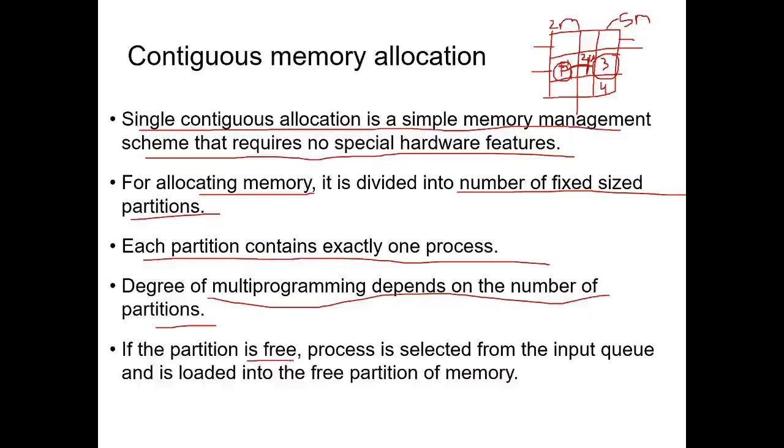If a partition is free, a process is selected from the input queue and is loaded into the free partition of memory. If these blocks are free, then processes are selected from secondary memory and loaded into the main memory for execution in those free partitions.